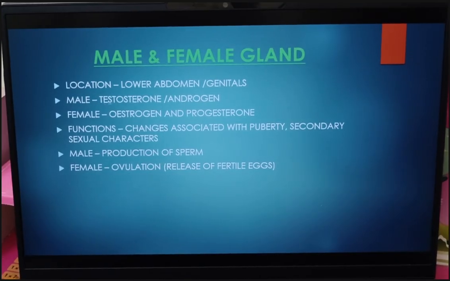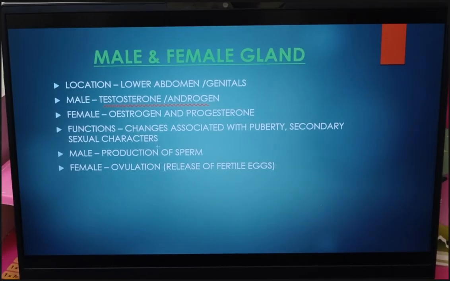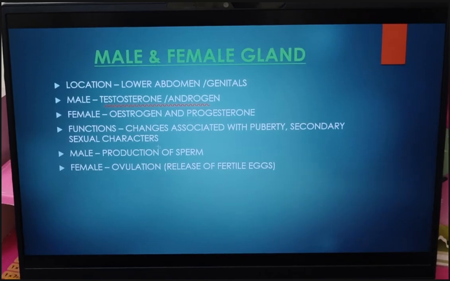It is all because of the hormone testosterone, which is also called androgen. This hormone is responsible for all the changes with puberty and for exhibiting all the secondary sexual characters. Secondary sexual characters means the characters that differentiate male and female.